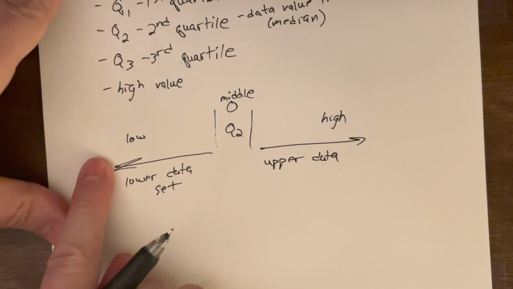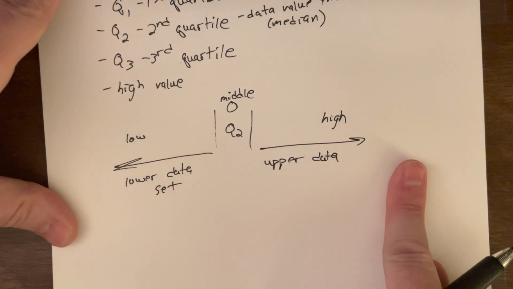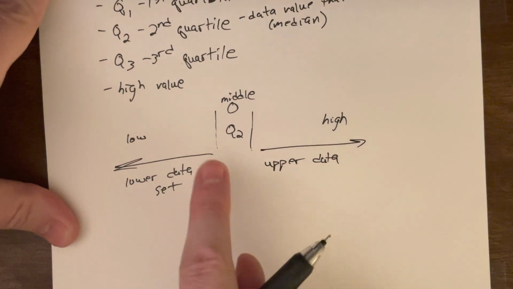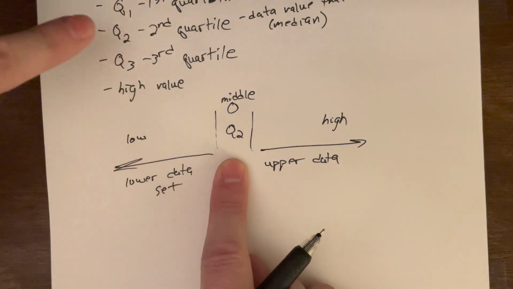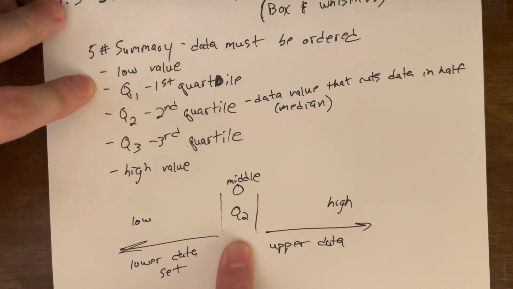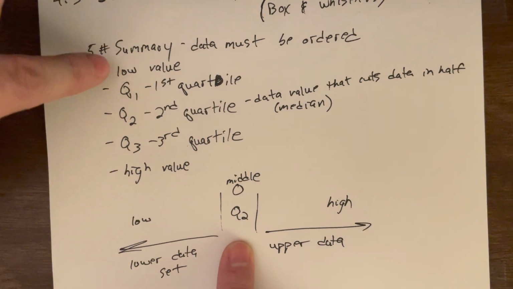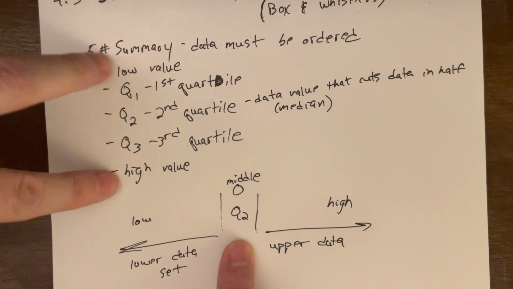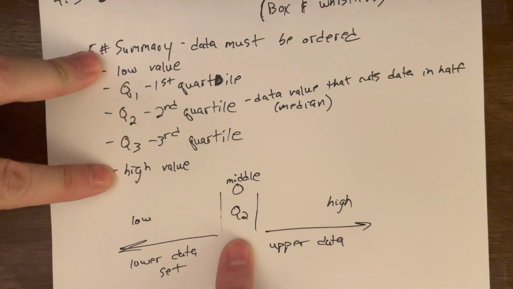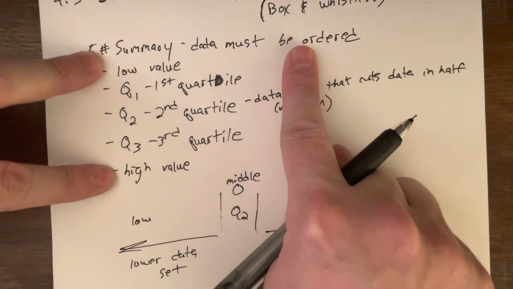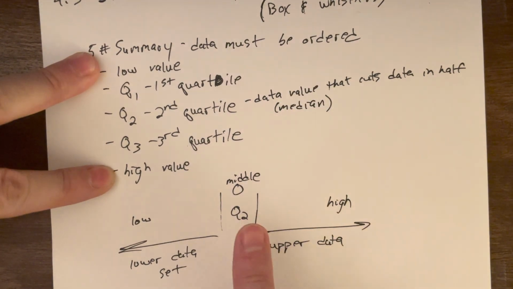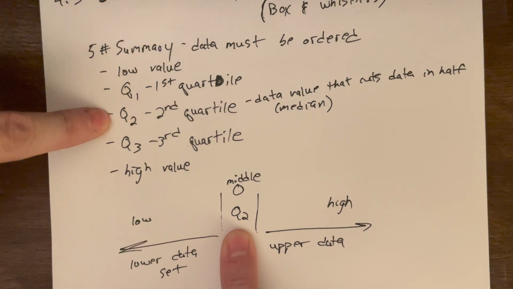So half the data values below, half the data values above. Now, and this is the order, everybody. I know we're looking for these 5 numbers, and most people, once you have this data in order, the low and the high, well, that's the first and that's the last data value. So they're very quickly identified. Again, as long as you have your data in order, then you would get this middle data value.